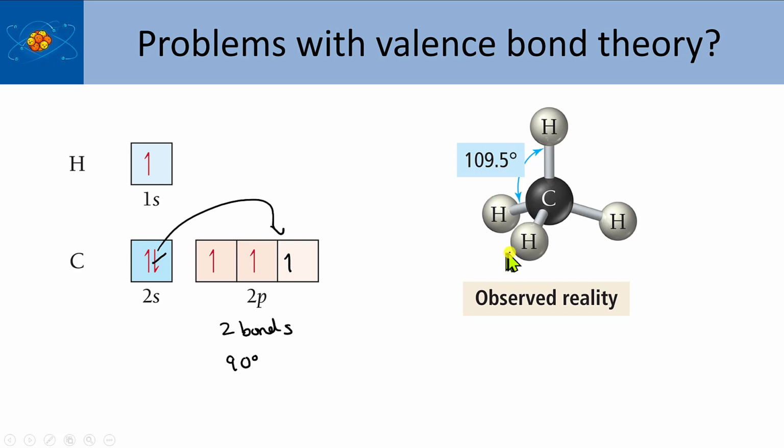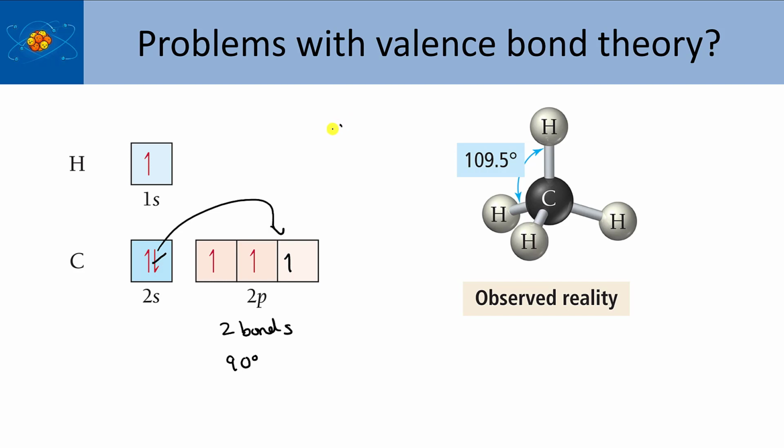So one of the things that had to come about was that people had to look at the orbital wave functions and think to themselves, how could they combine to give this kind of bond angle? In fact, there are three bond angles with carbon that we have to be concerned about. One is the 109.5, that's for tetrahedral.